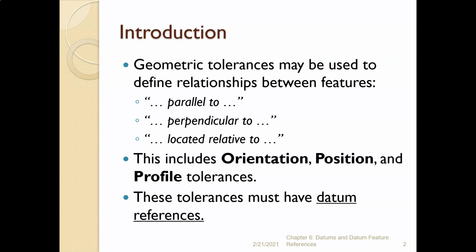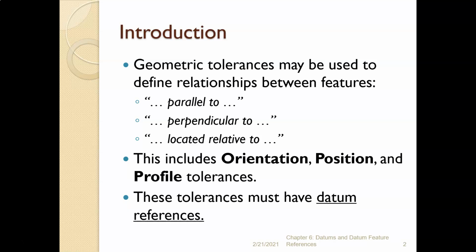Geometric tolerances can often be used to define relationships, like that surface is parallel to another surface, or that cylinder is perpendicular to this surface, or those two holes are located relative to the edge by some dimension.